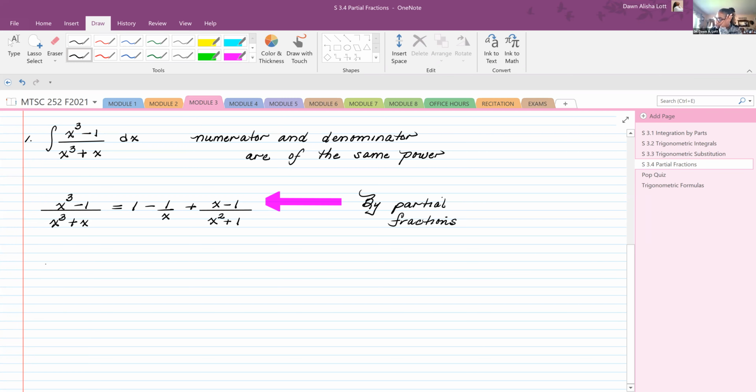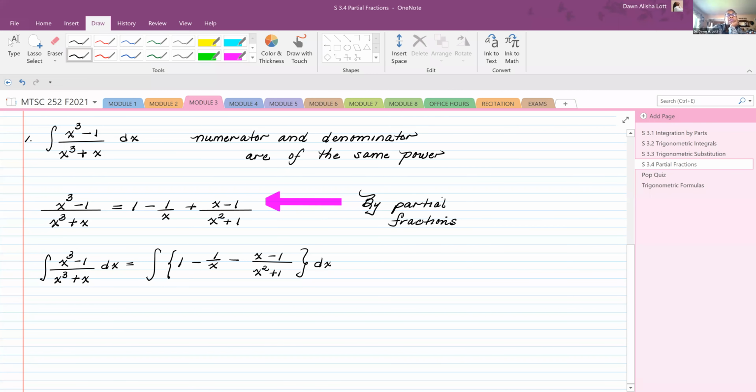So therefore, to integrate x cubed minus 1 over x cubed plus x dx, that's the same as integrating what it equals, which is 1 minus 1 over x minus x minus 1 divided by x squared plus 1 dx.